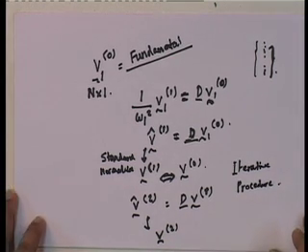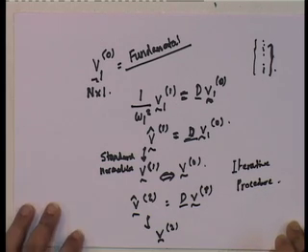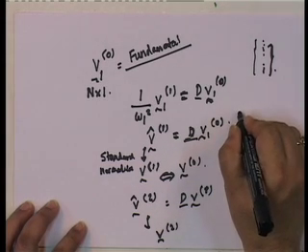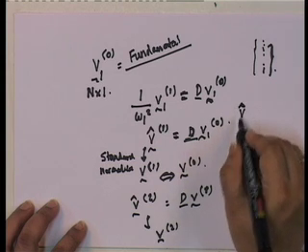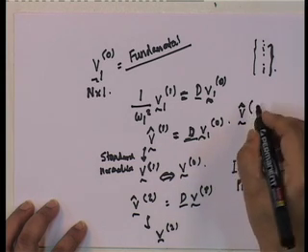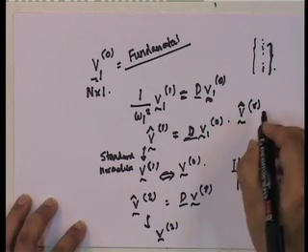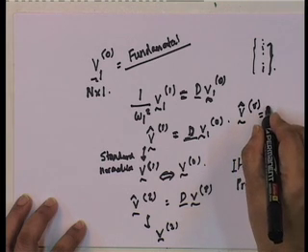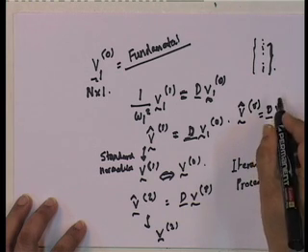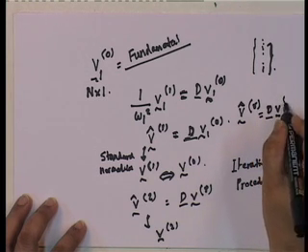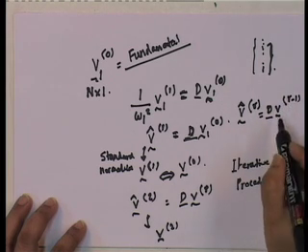Okay. And since this is an inverse iteration procedure, you will get to a situation where, let us say, at some rth iteration, this is equal to the (r minus 1)th, right?